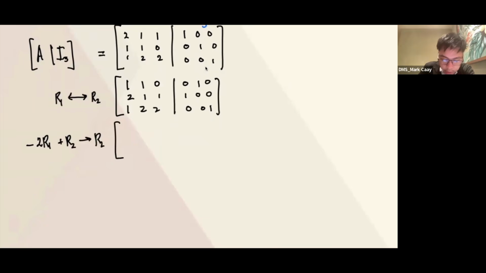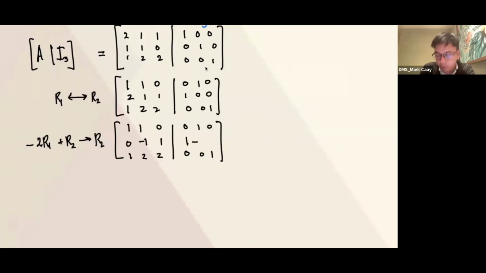Of course, nothing changes in row 1 and row 3, so let's just copy those. The change is in R2, which becomes 0, negative 1, 1, 1, negative 2, 0. Correct me if I'm wrong with my arithmetic, but that's what I got in my scratch work.